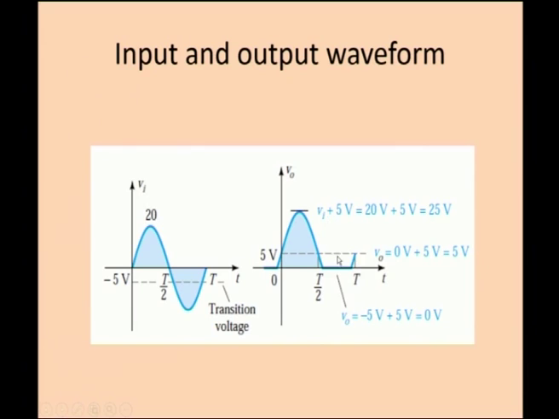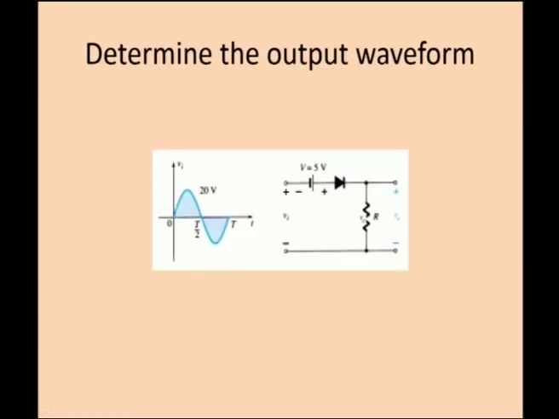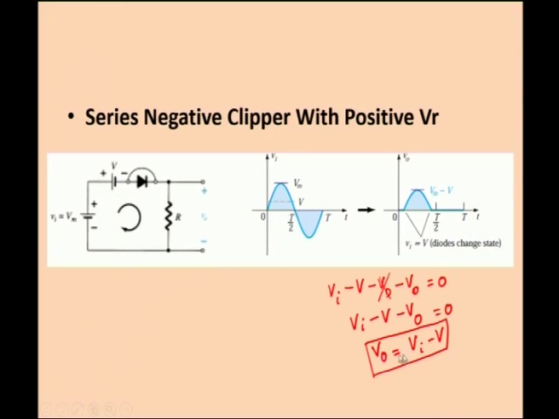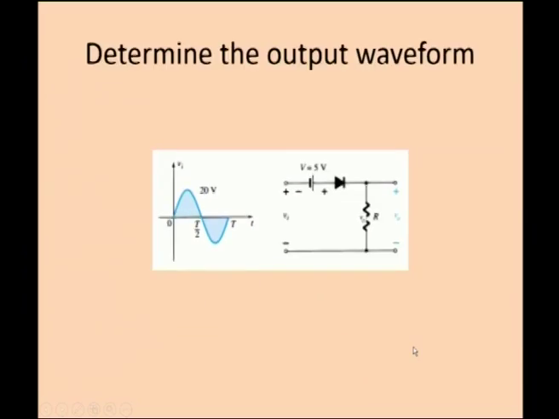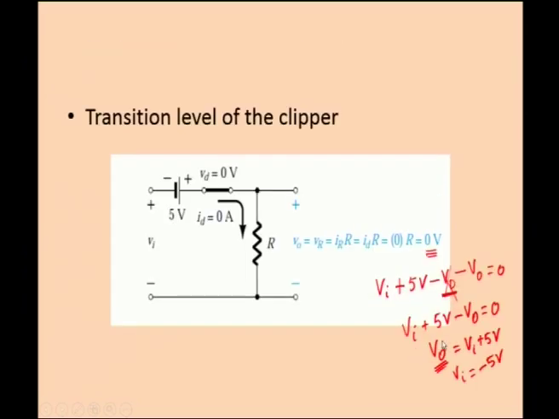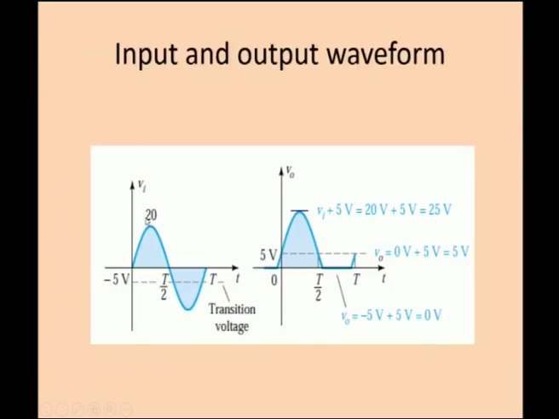So, how will you obtain this voltage? We know that V naught is equal to Vi minus V. Here we have to substitute the instantaneous values of the input voltage. So, what is Vi? It is 20.